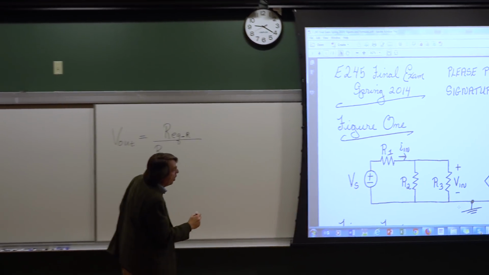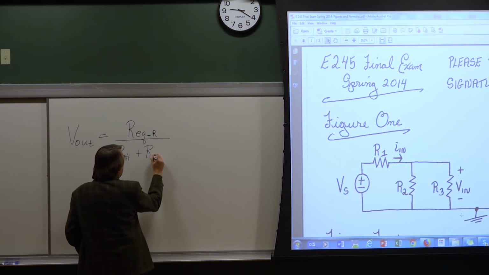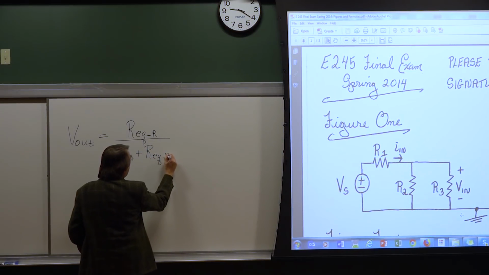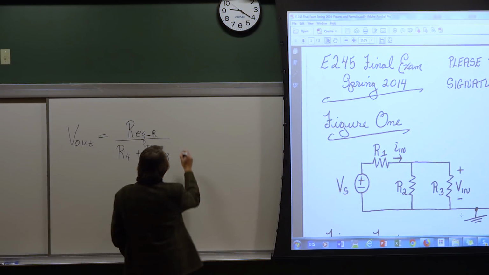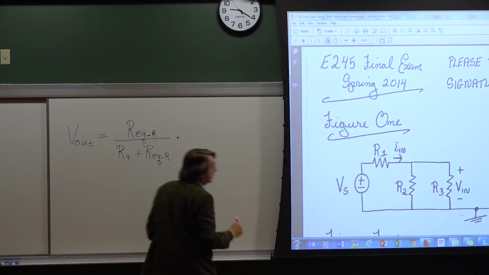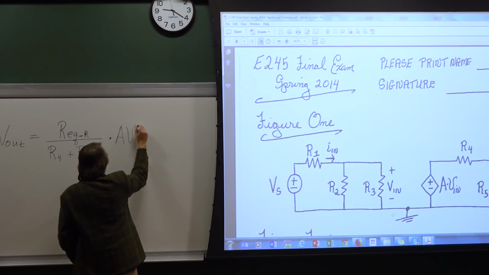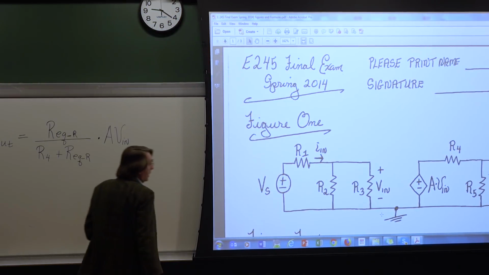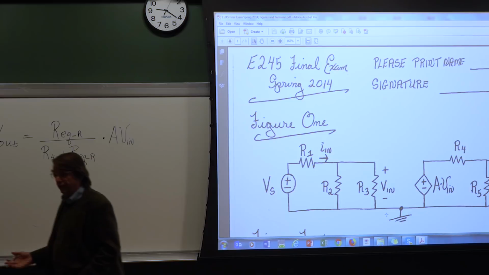And then we have R4 plus REQ right. That's the ratio. And then I multiply this by the applied voltage, which is A times V in. All right, I'm getting there. I now have V out in terms of V in.